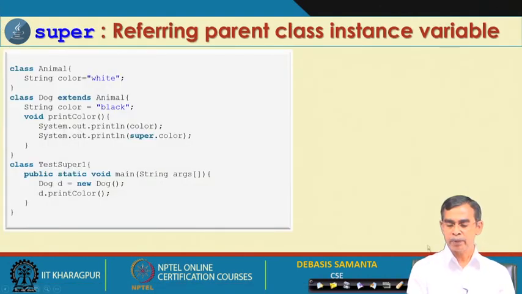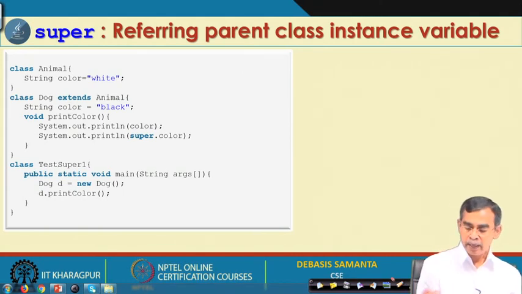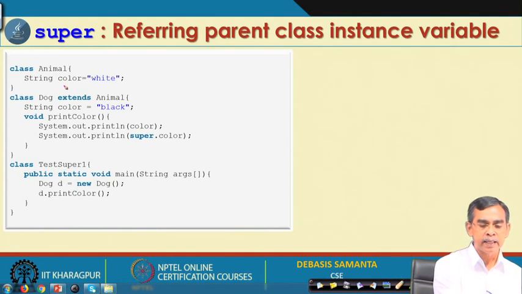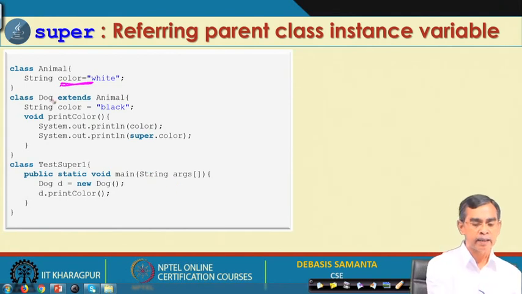Now, this is an example. If you look at this example a little bit carefully, you will understand that this is an example using the super keyword, where we can refer to a parent class instance variable. Here, color is a variable declared in class Animal, and Dog is another class which extends Animal, and in the Dog class we declare the color variable again.